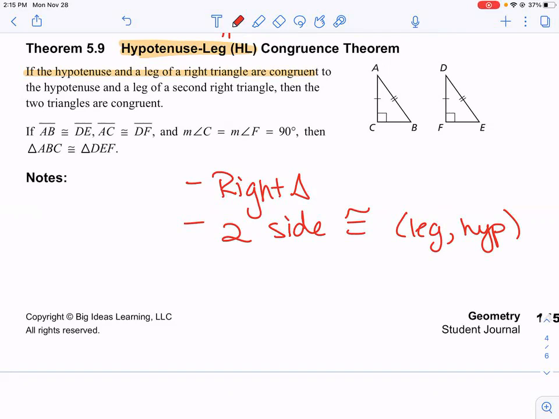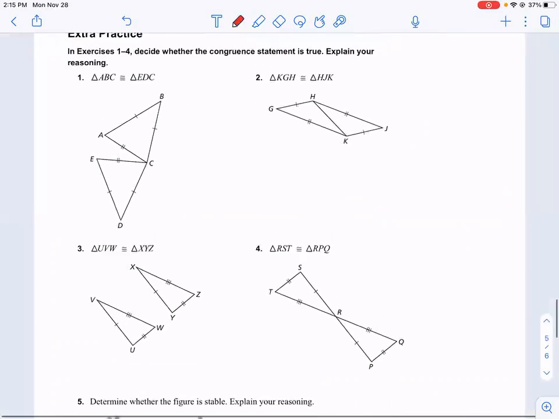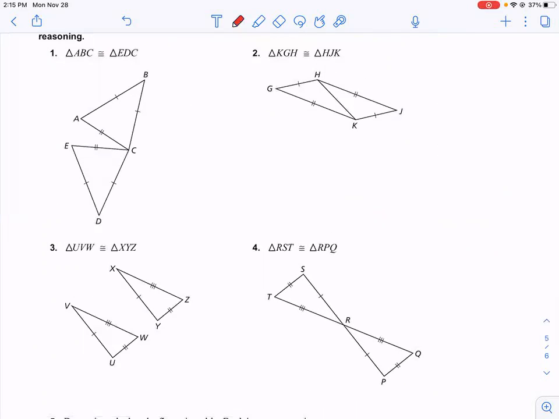So this is what I would like you to do. Turn the page. I am going to give you 3 minutes to decide whether these congruency statements are true or false and why. So your reasoning might be side, side, side, or your reasoning might be not enough info.